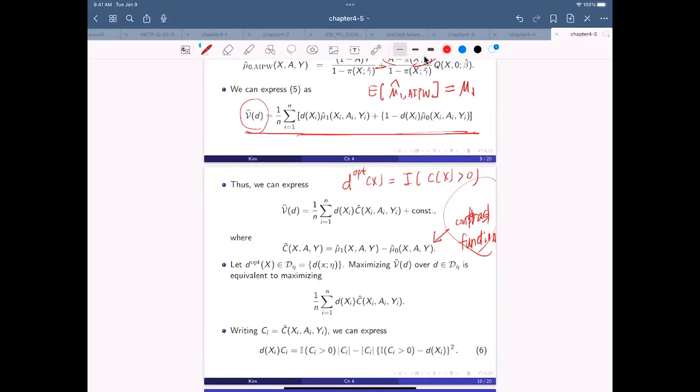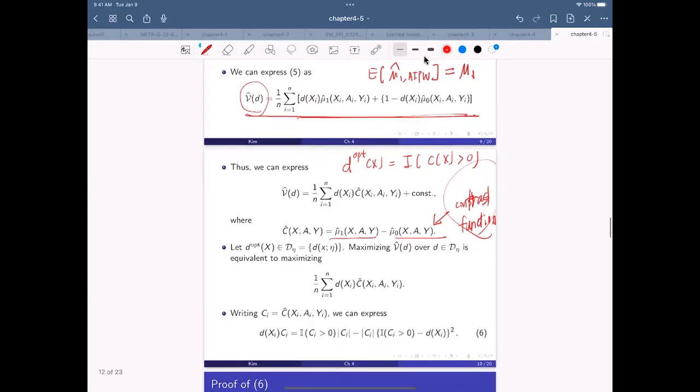But the one thing that is different is that we now allow this contrast function to depend on y. Right? You have a dependency on y. But still, it's a contrast function because you are actually comparing the two.